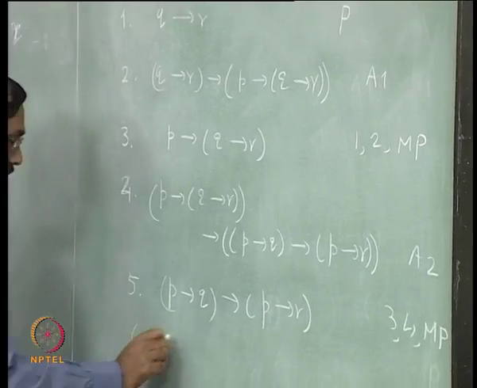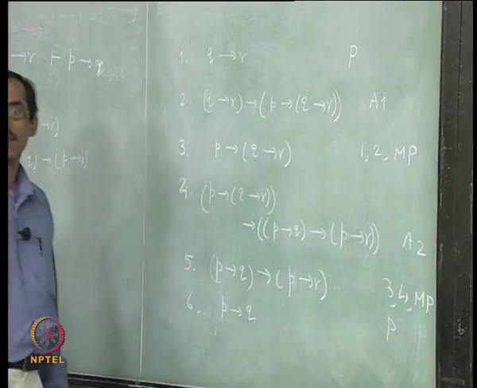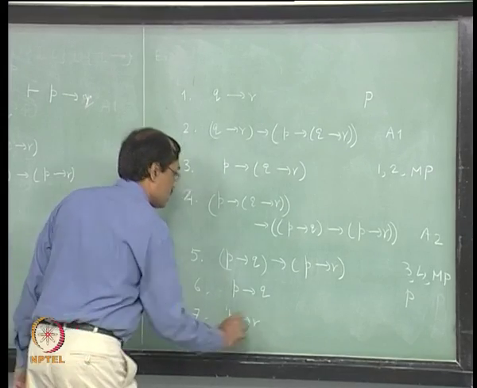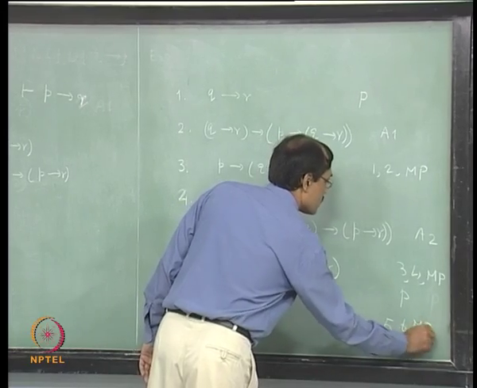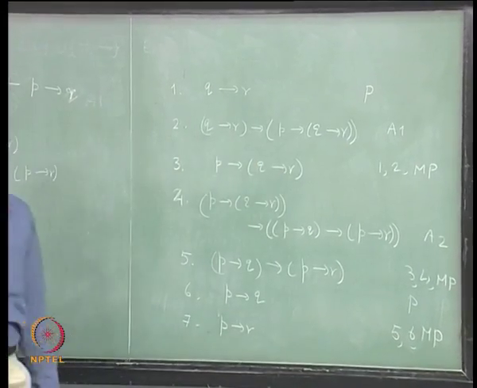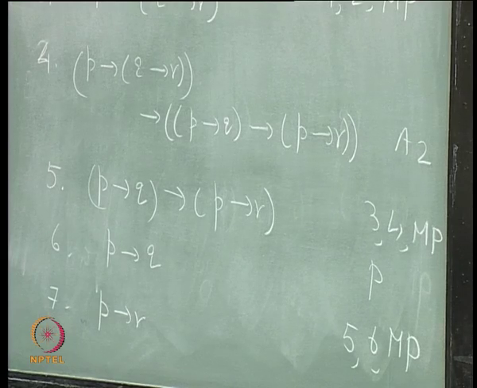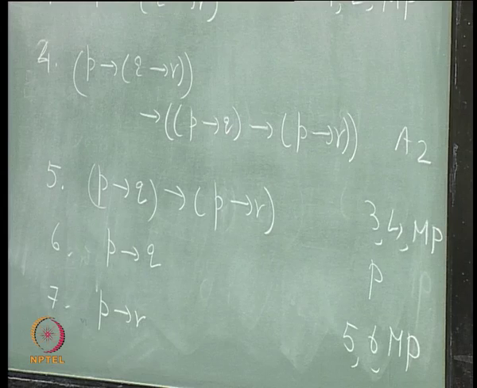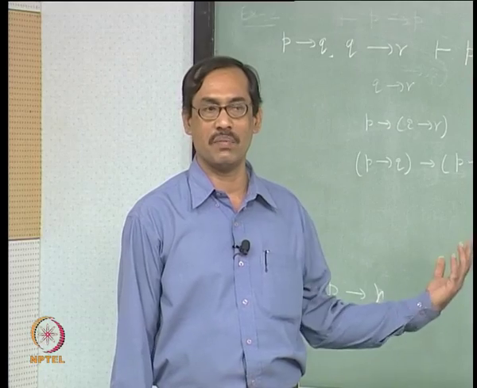Next use P implies Q as a premise. Next P implies R is obtained from these two by modus ponens. Is that okay? So now you identify this as your hypothetical syllogism. If you think this syntactic entailment is like semantic entailment, then it is a hypothetical syllogism.